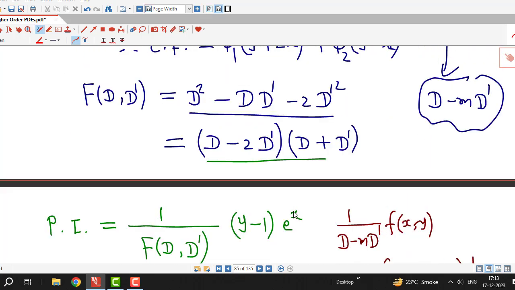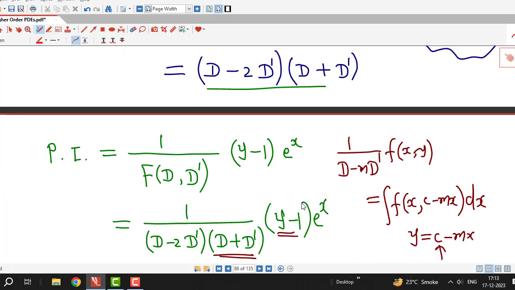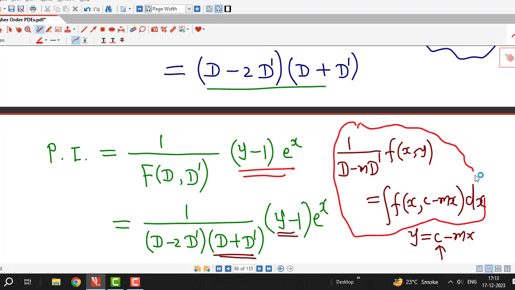So this is the general method. You can apply this method for any function on the right hand side, and all you have to remember is this formula. You have to apply linear factors 1 by 1, and to apply linear factor d minus m d dash, you have to remember that replace y by c minus mx.